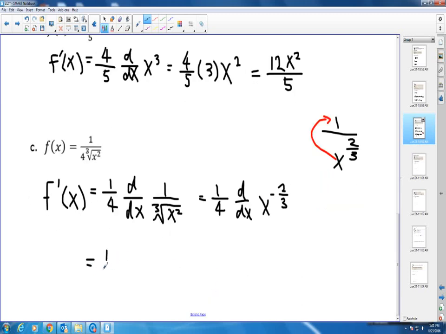So my 1/4 constant is still up front as well, times the negative 2/3, x to the negative 2/3 minus 1, that will be negative 5/3.